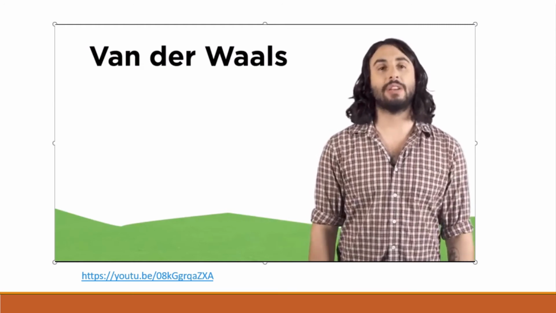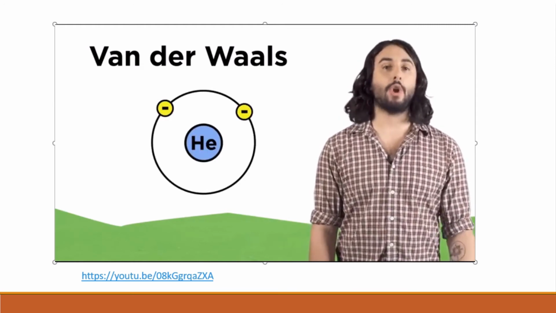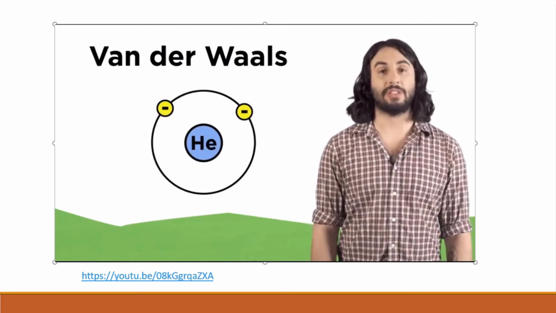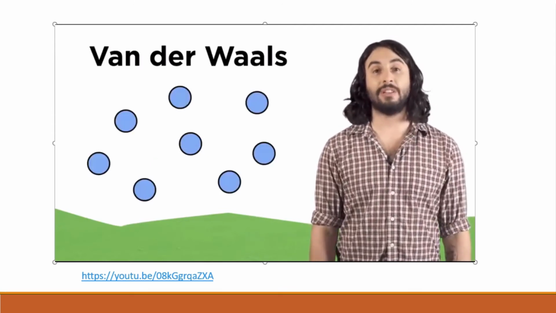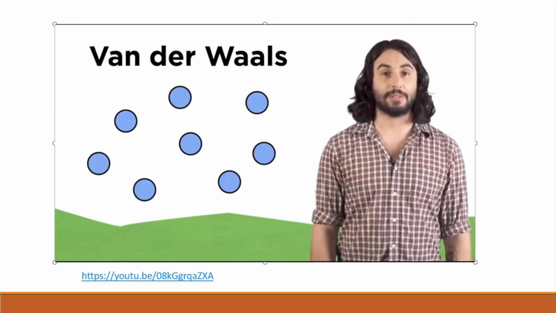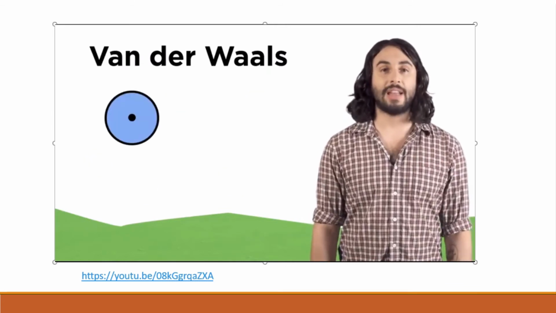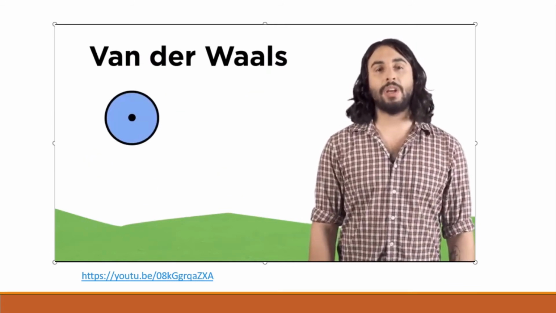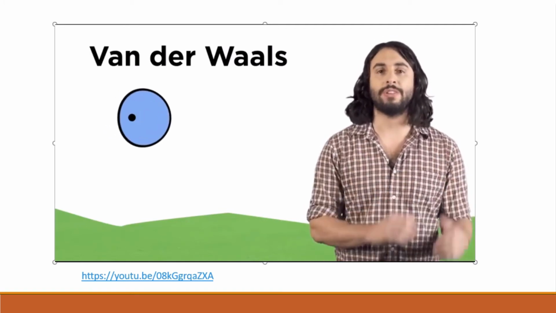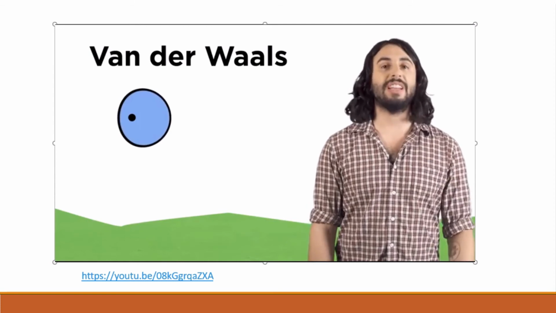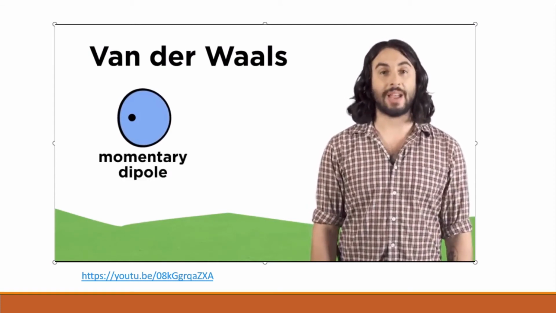For example, take a look at helium. Helium is a noble gas, and due to a full valence shell, it does not make bonds with other atoms. So a sample of helium is just a bunch of helium atoms. Well, the electron cloud around a helium atom will at any time be slightly lopsided, or skewed towards one direction. This will result in something called a momentary dipole.